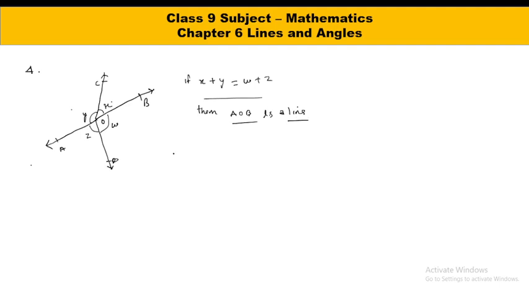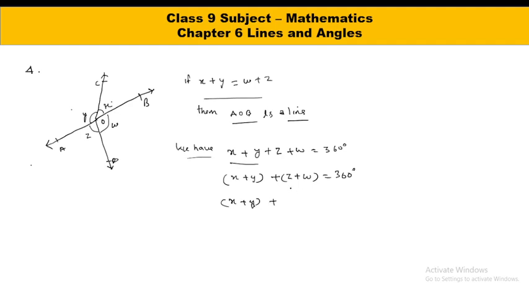So let's understand the question. We have known that the sum of all the angles, angle x plus angle y plus angle z plus angle w, if all these angles are summed together, is equal to 360 degree. Now x plus y paired together, z plus w paired together will be equal to 360 degree. x plus y, let it be same as it is.